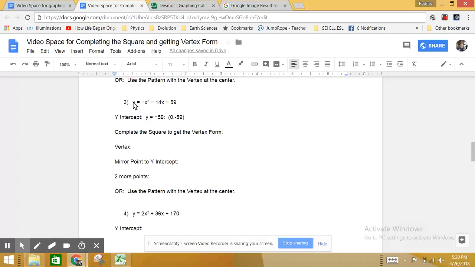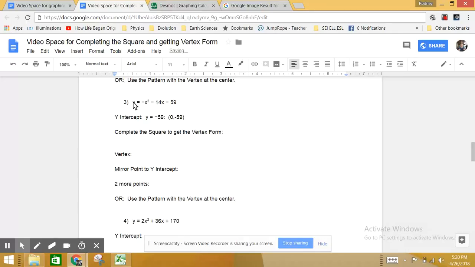Now, we're going to have to complete the square in order to get the vertex form. So here we go. The first thing I want to do is put parentheses around this business: negative x squared minus 14x minus 59.